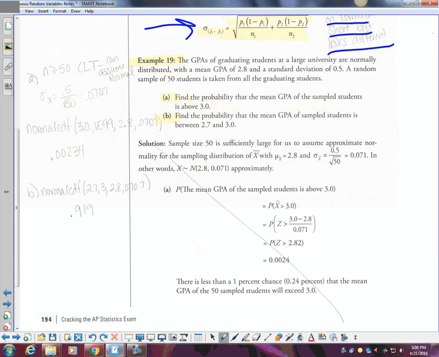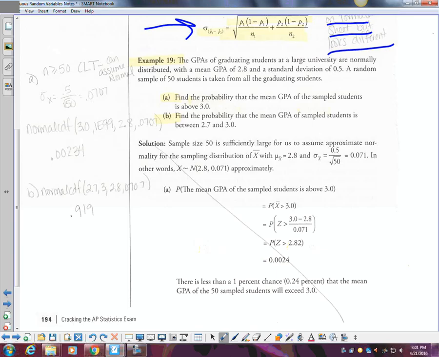We only have 1 sample. Just wanted to clarify. Find the probability, so I'm talking area under the curve, that the mean GPA of the sampled students is above a 3.0.